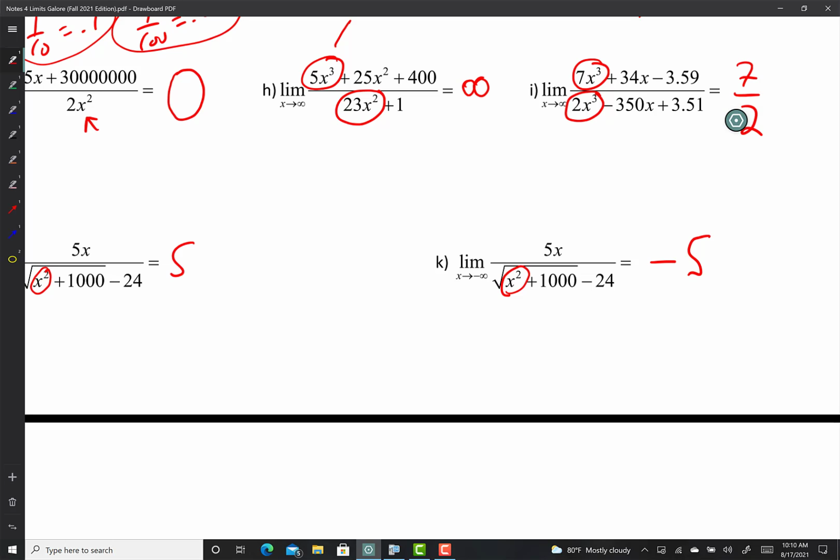No. So the bottom will always be a positive x, no matter what value I have. But the top, I have 5 times some negative x value because x is approaching negative infinity. Does that make sense? So that's why I'm going to get a negative 5 and not a positive 5. Cool or not cool?